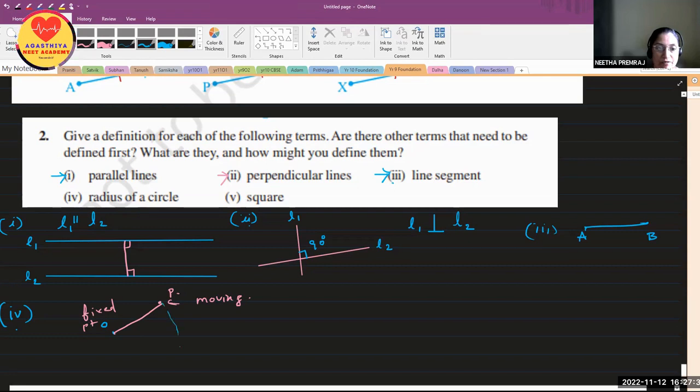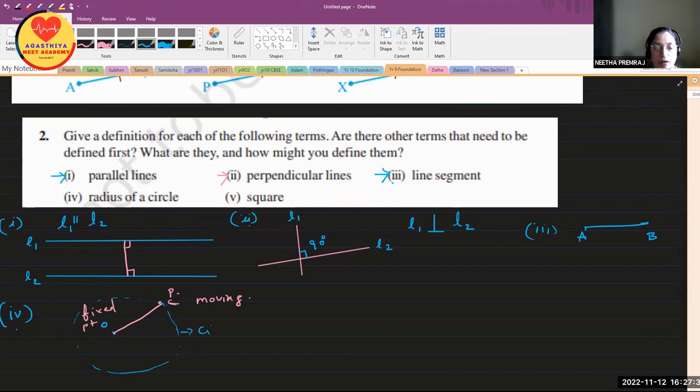The definition of circle: the locus of the moving point is called a circle. The path traced by the moving point is the circle, and the distance between the fixed point and the moving point is called radius.